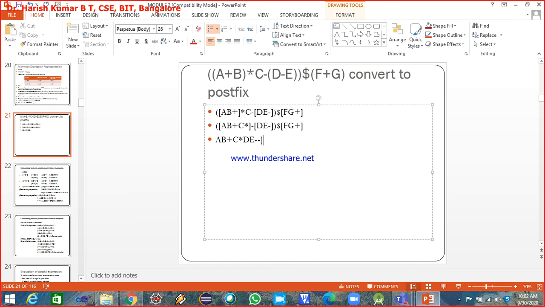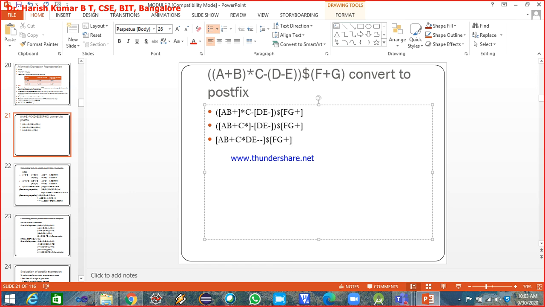Now I'll put the big bracket for this entire thing. Now this outer small parenthesis is removed. I have the dollar and then F G plus. The previous one was not a parenthesized expression, but this is one. First you should evaluate what is inside the parenthesis.